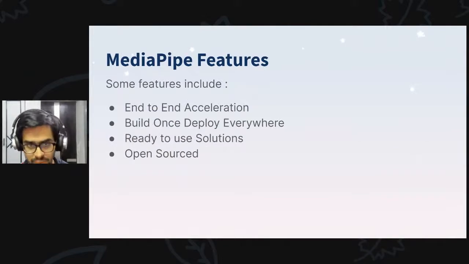And if you look at some of the core features of MediaPipe, the first one is providing end-to-end acceleration. What that means is that, as I mentioned, there is a need to run machine learning models on web and on lower powered devices like mobile phones.